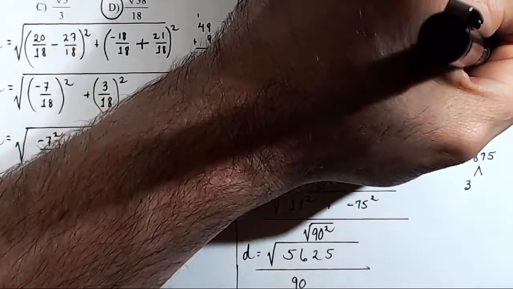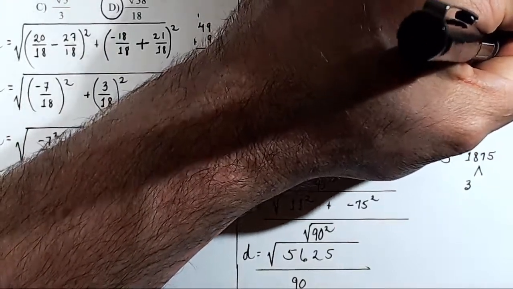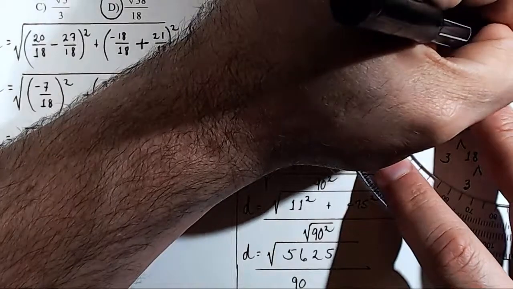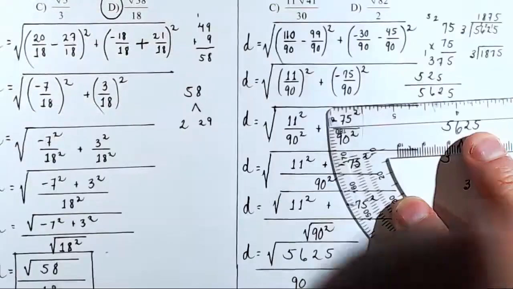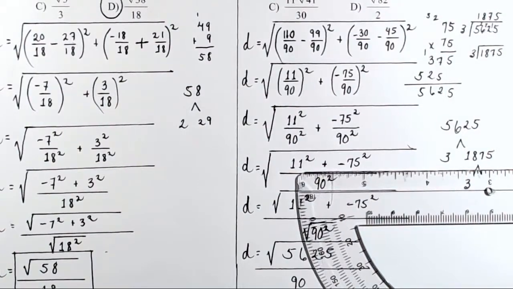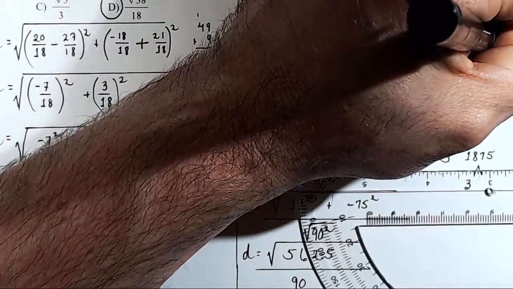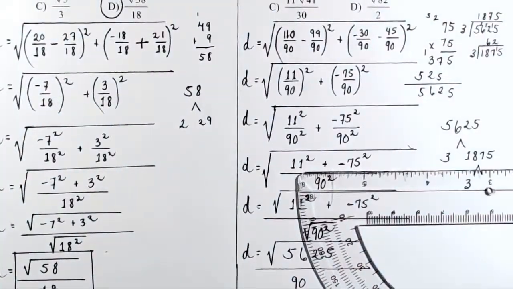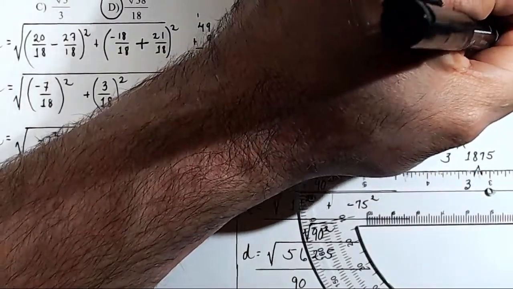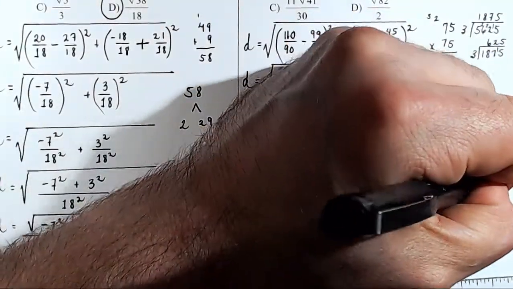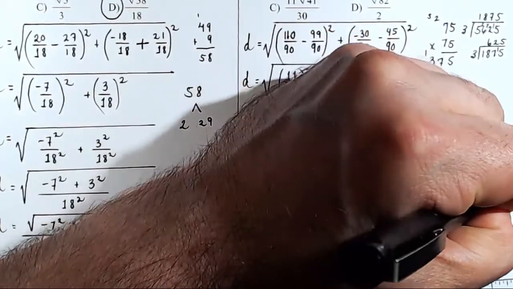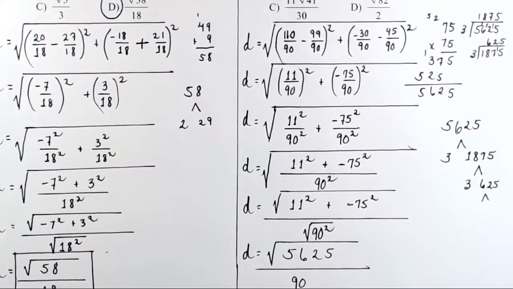So now I need to do 1,875 divided by 3. 3 goes into 18 6 times. 3 goes into 7 2 times, carry the 1. And 3 goes into 15 5 times. All right, so now I've got 3 times 625.